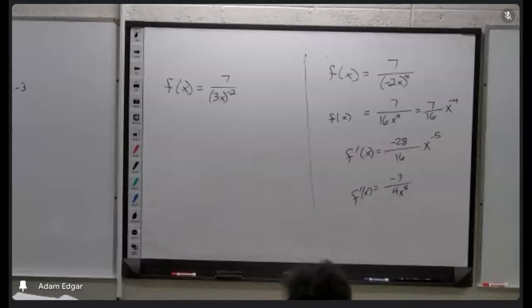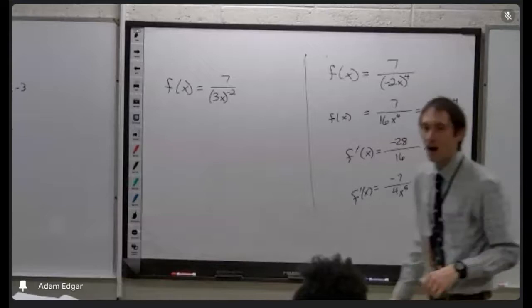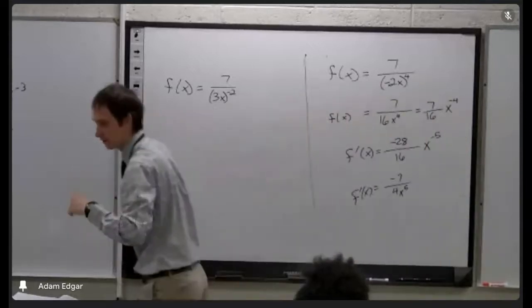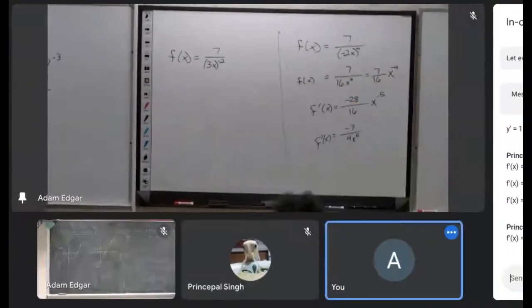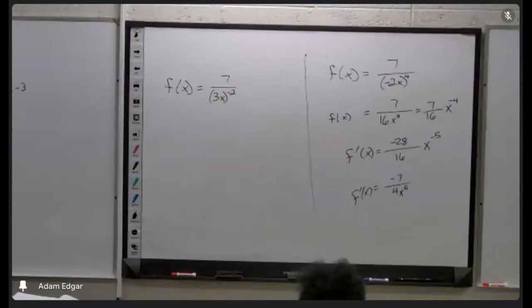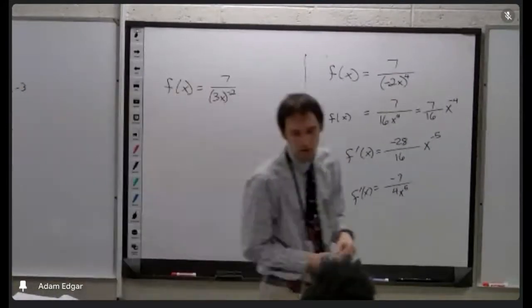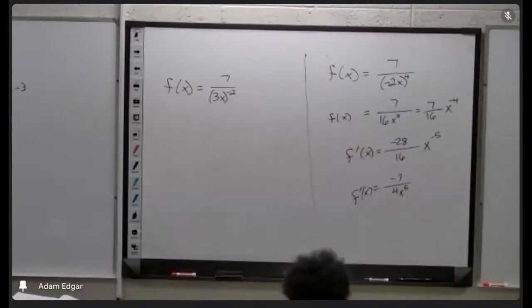Well, what is 7 times 18? Oh, so I can multiply. Good, Prince. Okay, that's a way to do it.